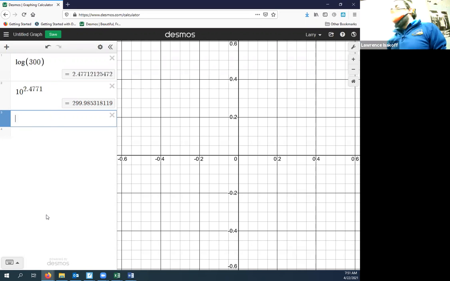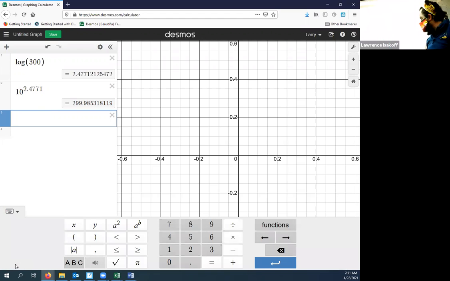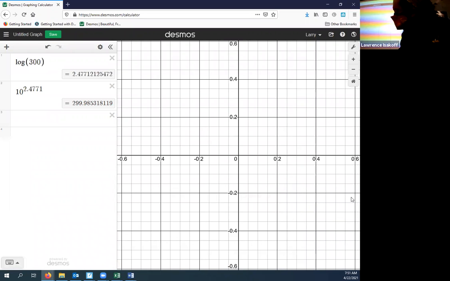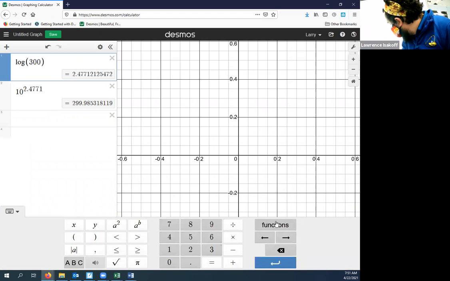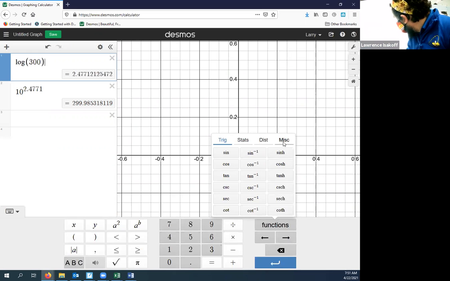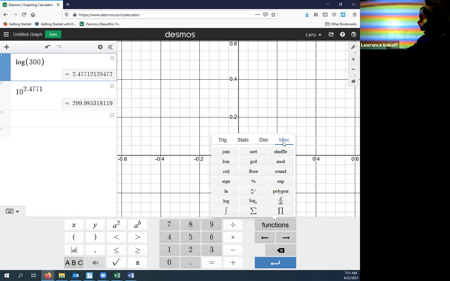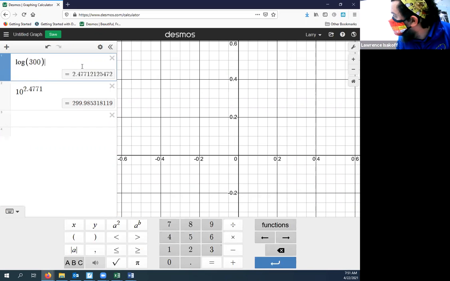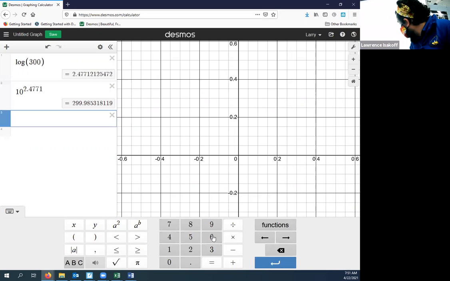So if you're like, oh, I don't feel like typing it out, it's also on the keyboard. So if we go under functions and go under miscellaneous, the board is just the slightest bit off today. And go to miscellaneous, we see ln, that's going to be our natural log, log and log A. If you choose log A, we do that in a new line.